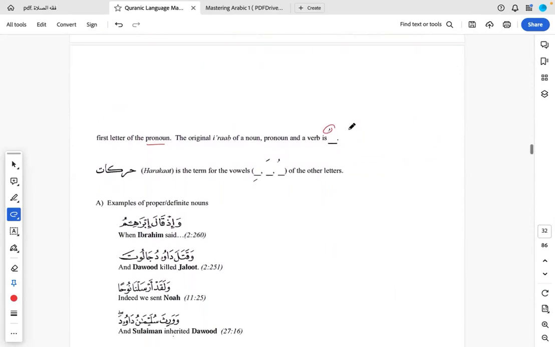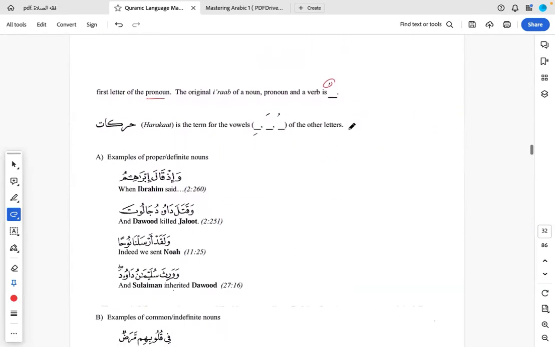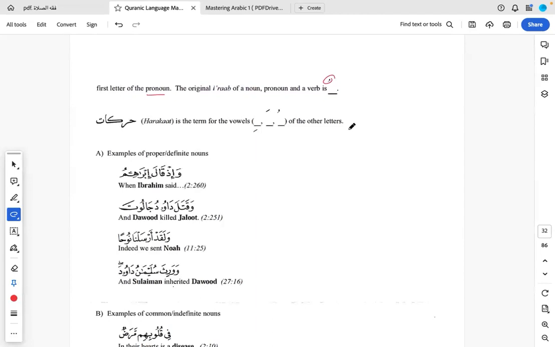So be patient and take your time in absorbing every piece of this beautiful system. Do not think about it as difficult, because it's not. It's just detailed, and it's completely different from the English system as we have seen. And this is why it needs from us patience, practice, and some effort and time put into it, and the result will be excellent, inshallah.